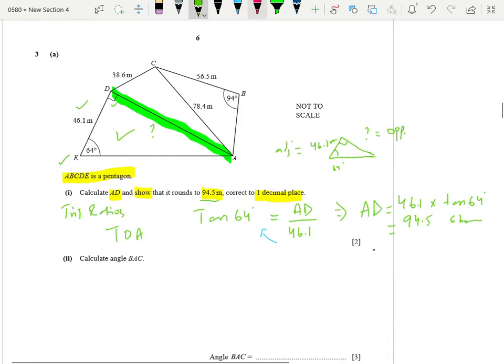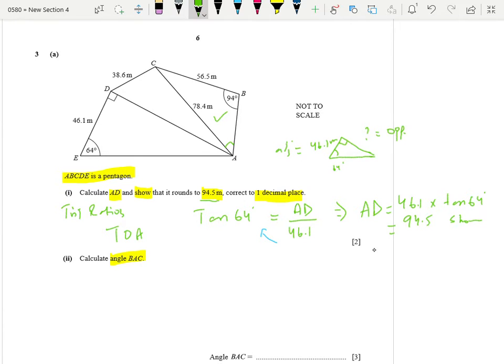Calculate angle BAC in part 2, and BAC is right here, BAC. So you would have to find this particular angle, which is lying in the first triangle to the right.